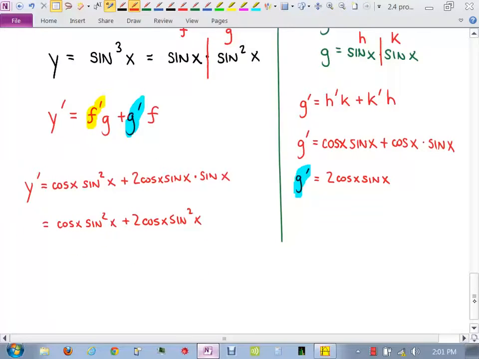And so I have one of them plus 2 of them, which is how many of them? 3 cosine x sine squared x.